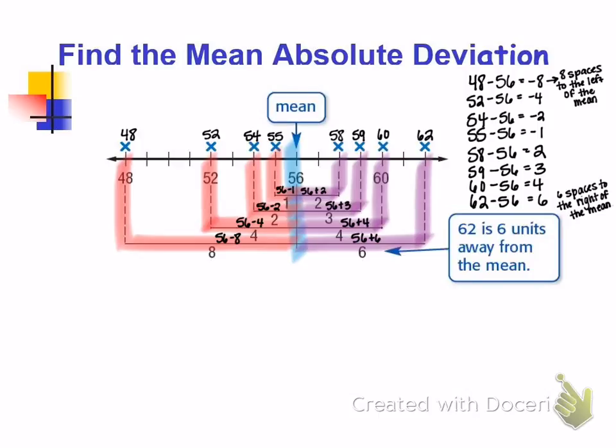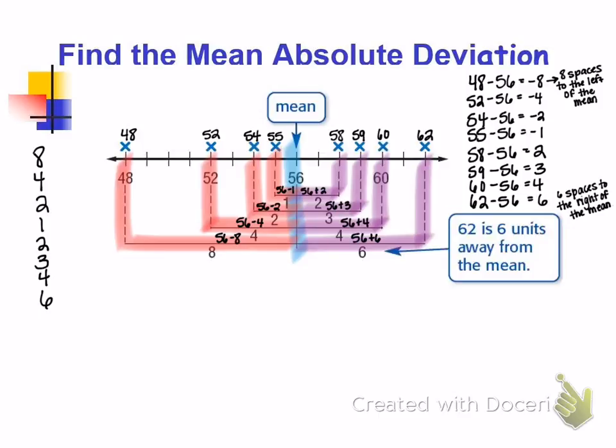Again, we use their positive values. So negative 8 would be 8, negative 4 would be 4, negative 2 would be 2, negative 1 would be 1, 2 would be 2, 3 would be 3, 4 would be 4, and 6 would be 6.